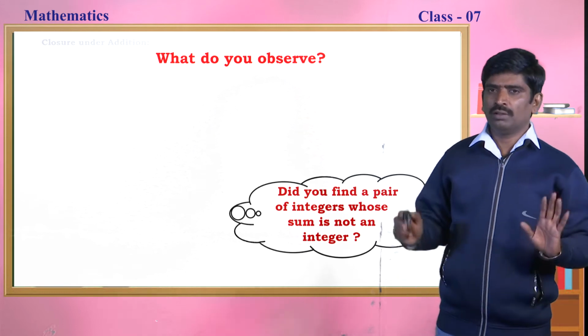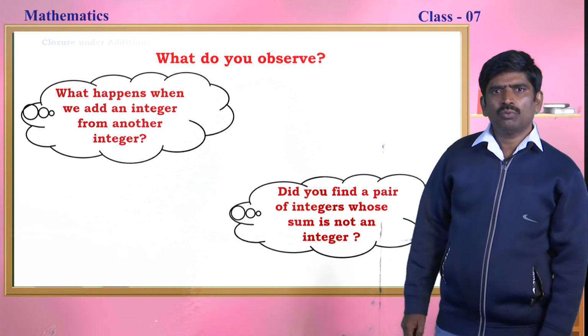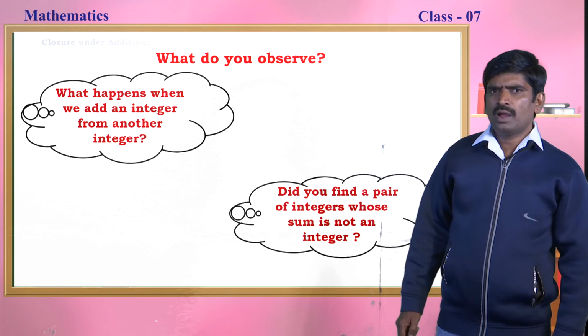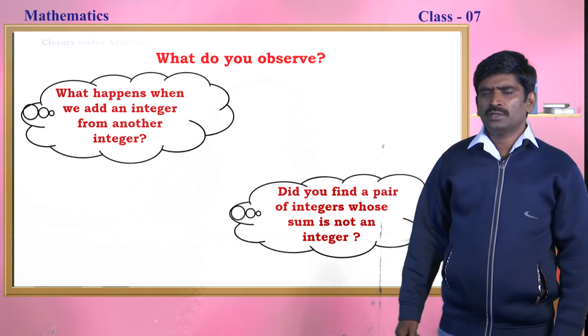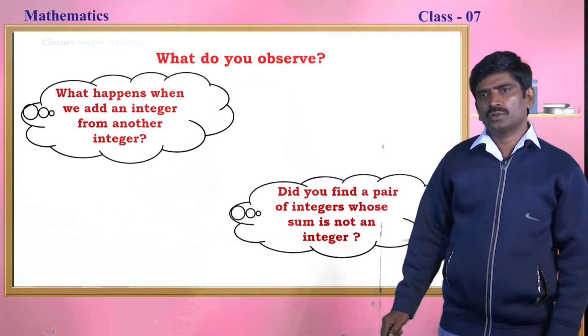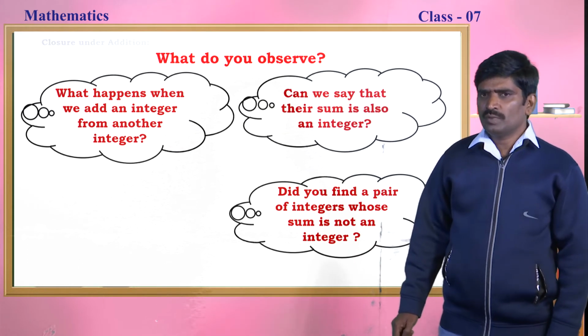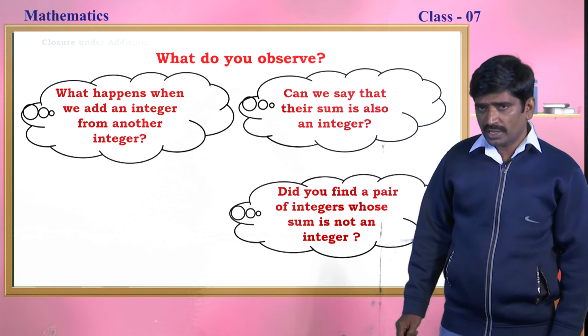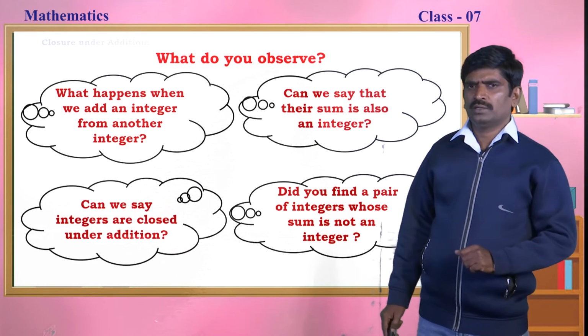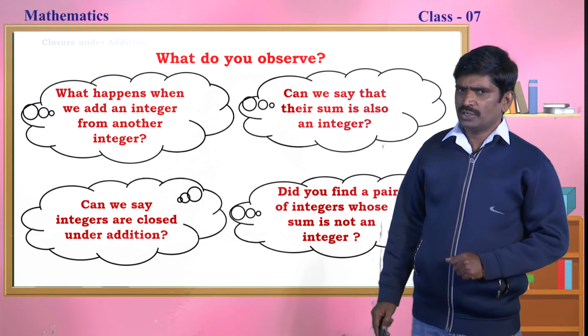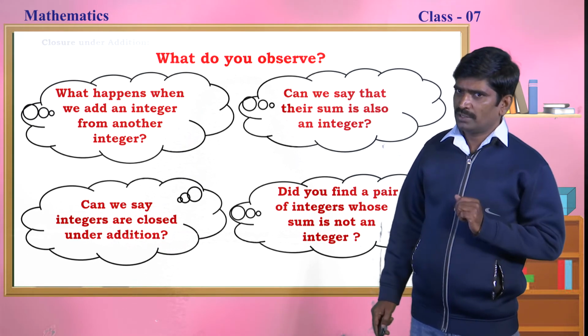No, all are integers. What happens when we add an integer to another integer? We get an integer here also. Third question, can we say that their sum is also an integer? Yes, their sum is also an integer. Fourth one, can we say integers are closed under addition?